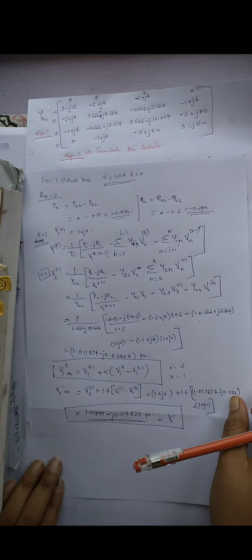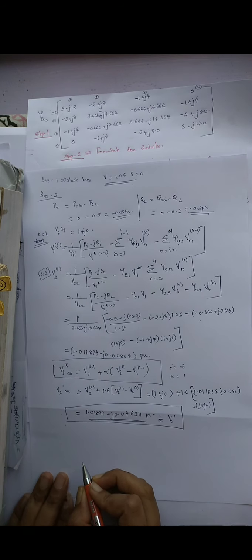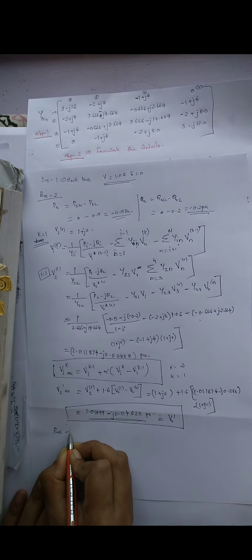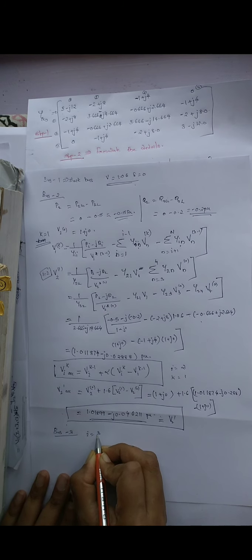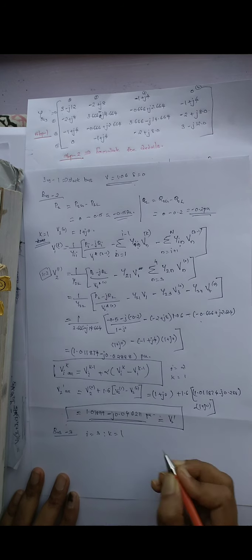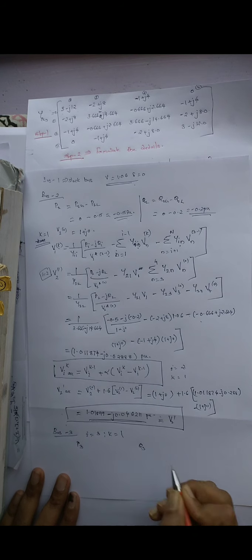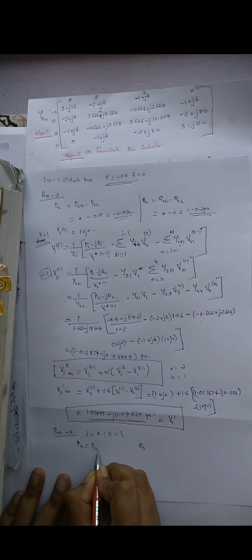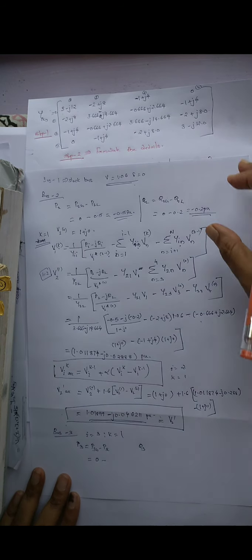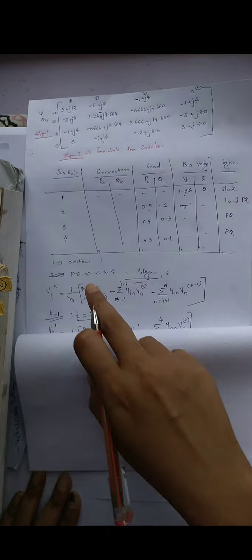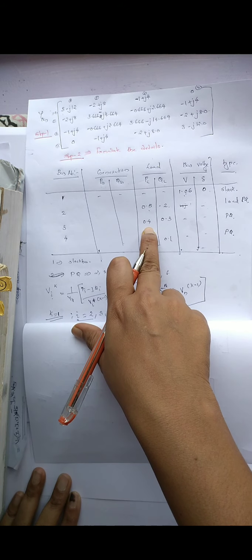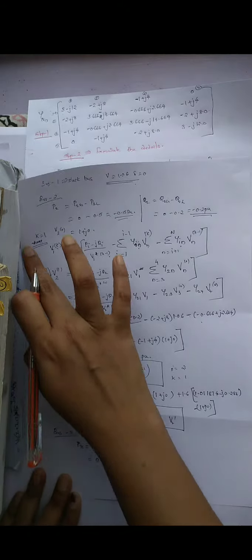So now for our bus number 3, that is i is equal to 3, and here also it is the first iteration. We have to find out P3 and Q3, isn't it? Because the bus is a PQ bus. P3 is equal to P3 generated minus P3 load. So P3 generated is 0 minus P3 load. The load at bus 3 is 0.4 and 0.3.